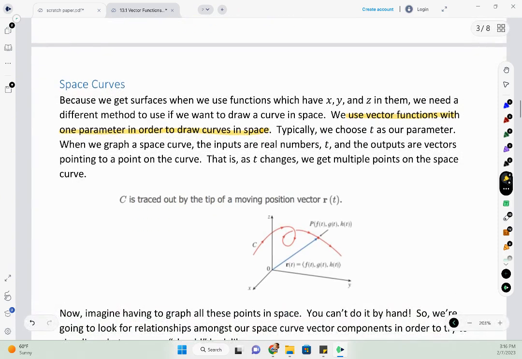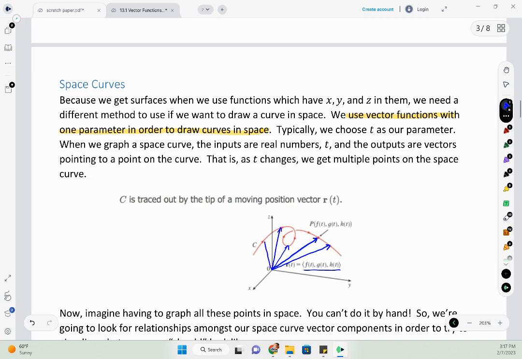Okay, so what a vector function does, I've got a picture here that kind of demonstrates it, is it's just got these components, f, g, and h. And if you plug in a t value, like t equals 0 or t equals 1, you're going to get an x, y, and z value. It'll be a point. And so the vector function points at all the different points along a space curve.